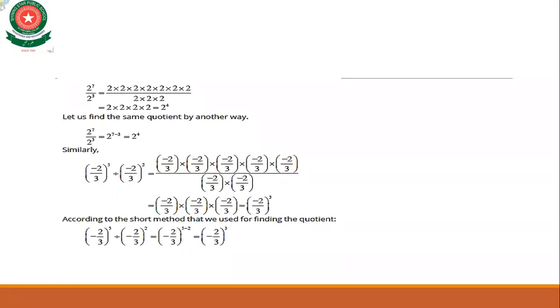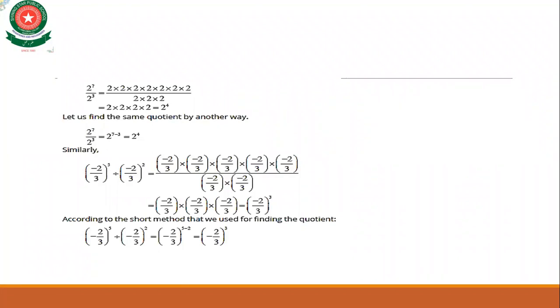Then after that, the first two values from the numerator and the denominator we just cancel out. Then the remaining are minus 2 by 3 multiplied by minus 2 by 3 multiplied by minus 2 by 3, which is equal to minus 2 by 3 power 3.